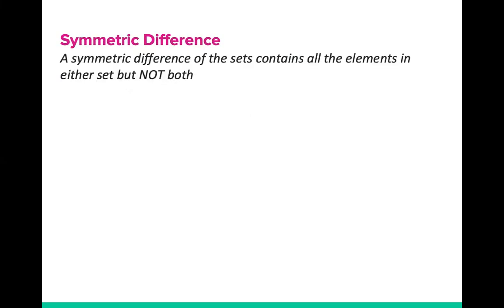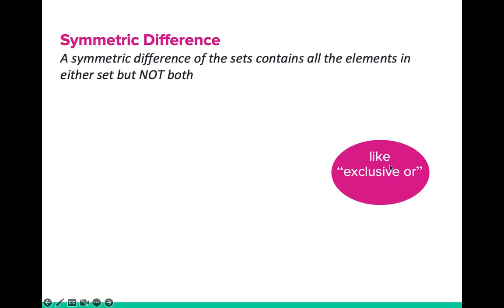All right. The symmetric difference of the sets contains all the elements in either set but not both. It is like the exclusive OR, if you remember, which is denoted by the symbol XOR.